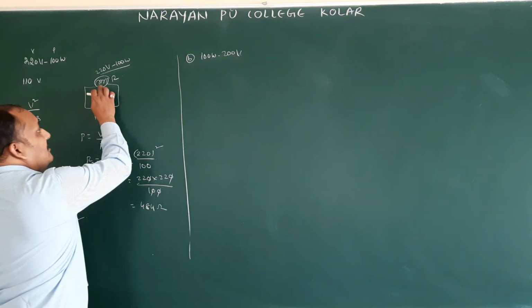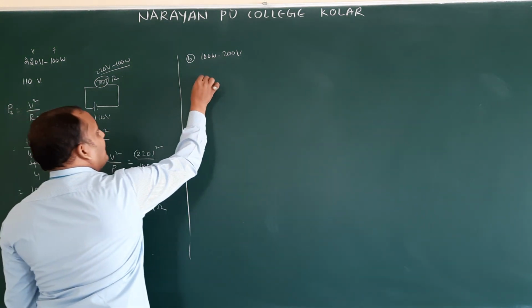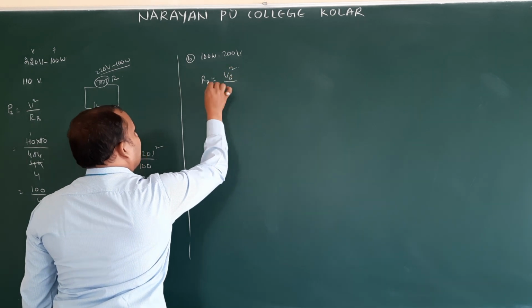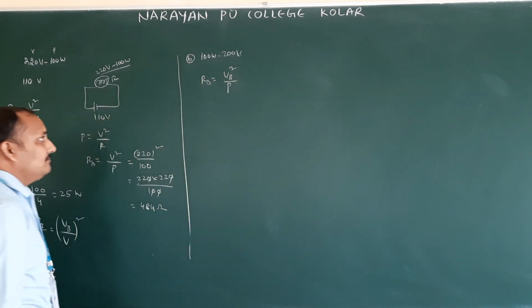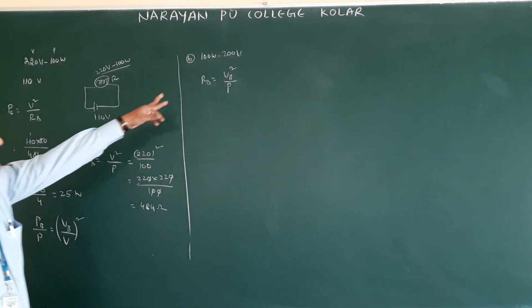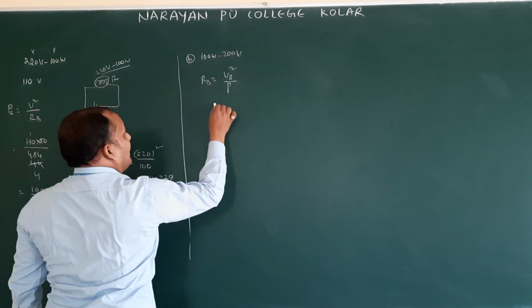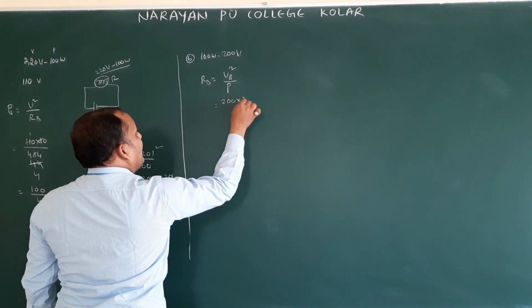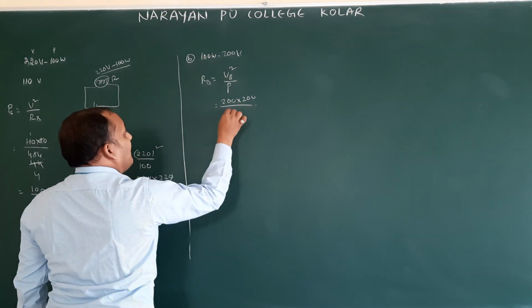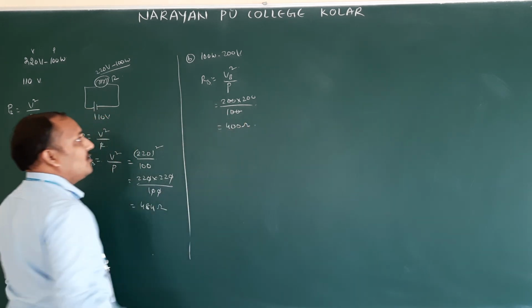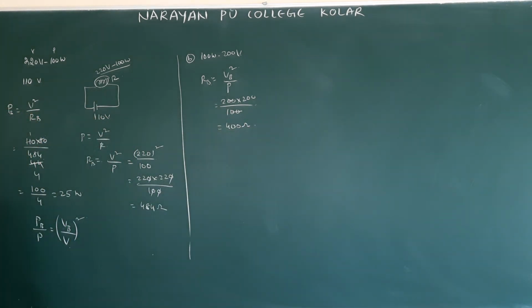Again, the same formula: R_B is equal to V_B square by P, the rated power of the bulb. So the V_B value they gave is 200. 200 into 200 by the power value 100. So how much did you get? 400 ohms, isn't it? So you got 400 ohms.